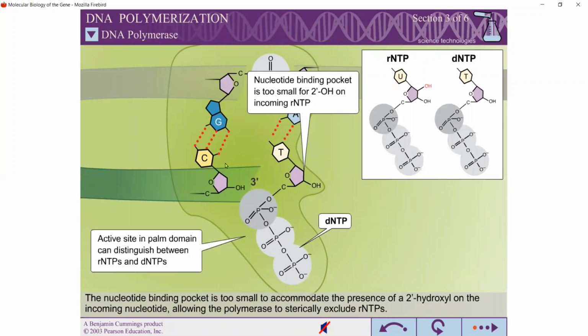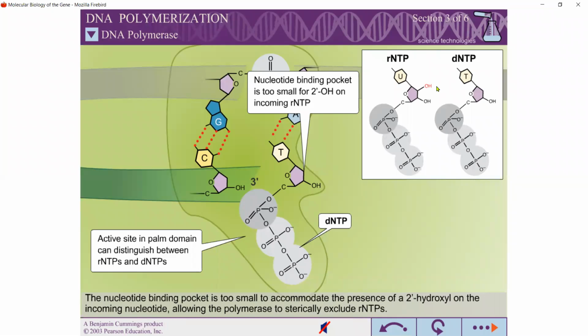Now, this is the nucleotide binding pocket present in the enzyme. The space provided by this nucleotide binding pocket is very specific. So it allows the entry of DNTP because there is no oxygen here, so no extra space is taken.